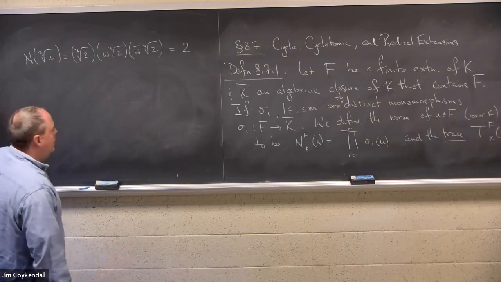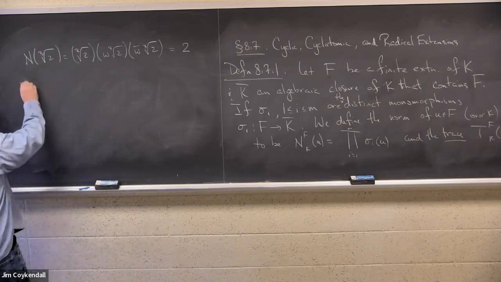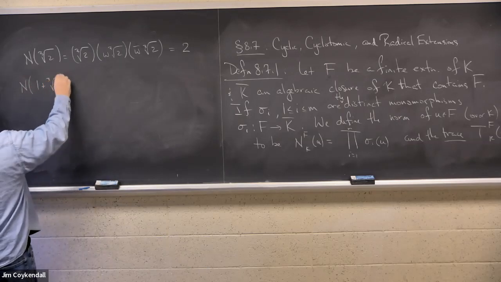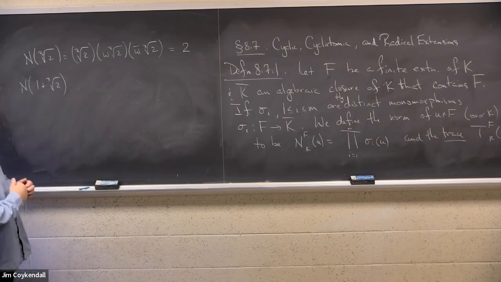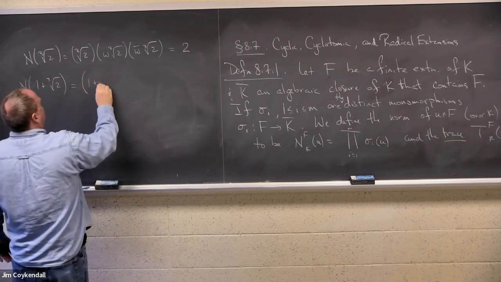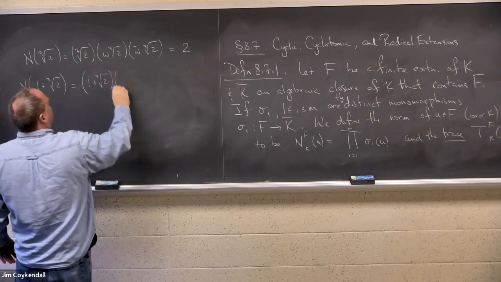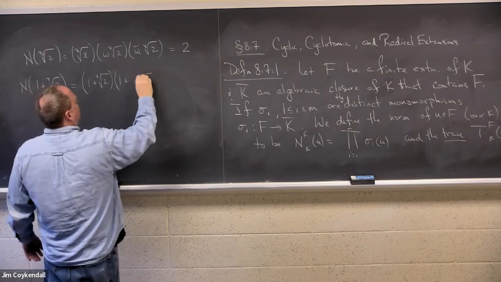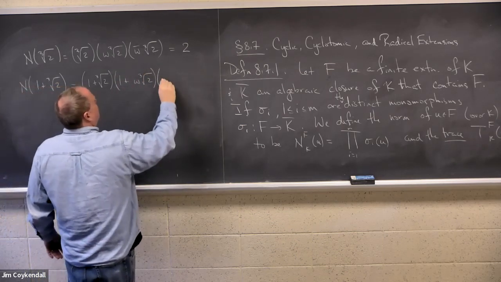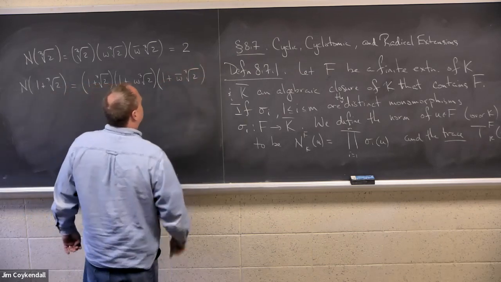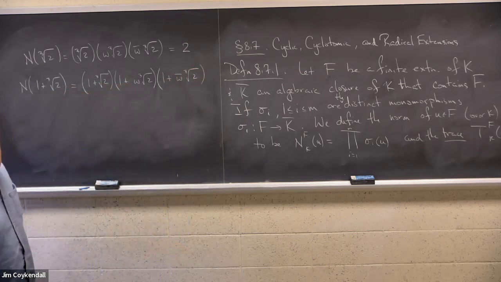Now, let me do an annoying computation here. What happens to this? Well, the norm of this should be the first automorphism, second automorphism, third automorphism, right?